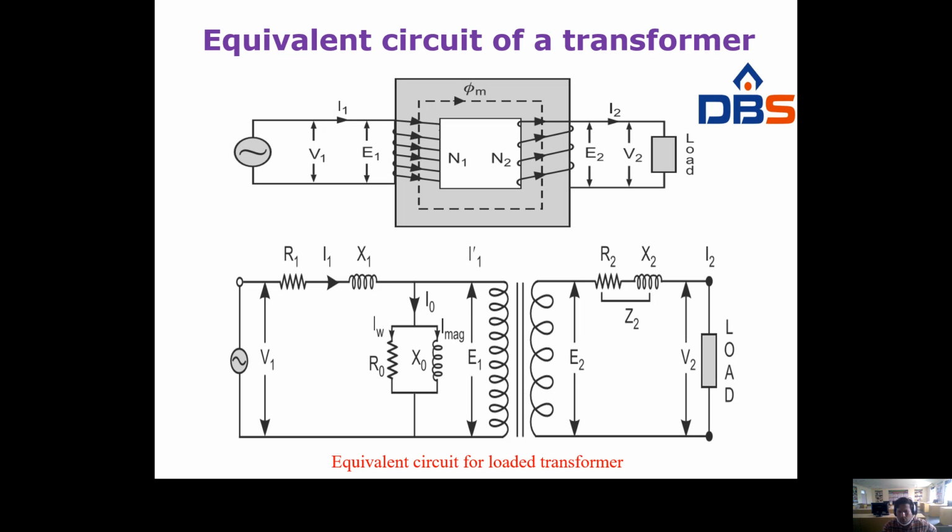Now this is the total equivalent circuit for a loaded transformer. The supply voltage is V1, the equivalent resistance and reactance in the primary are R1 and X1, and the current is I1.